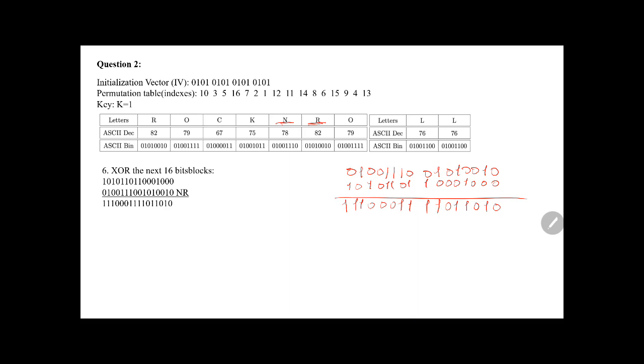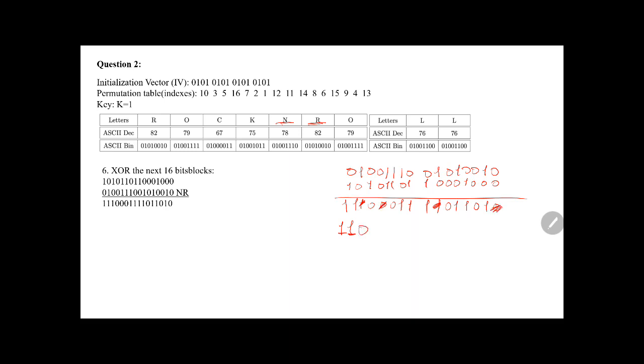Okay, so what we do now is we do our permutation. So the 10th digit, 1 2 3 4 5 6 7 8 9 10, which is this one, it will be here. And then the third one, which is here, it will be here. And then the fifth one, which is this one, will be here.